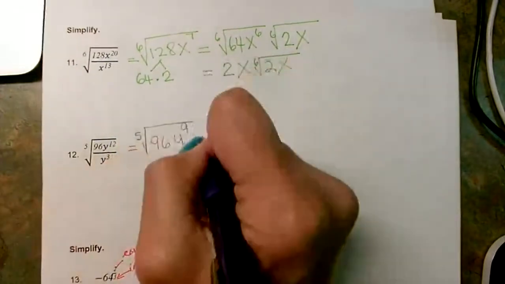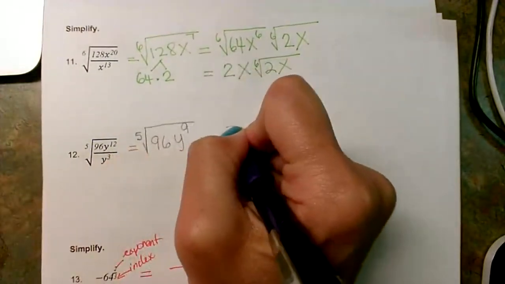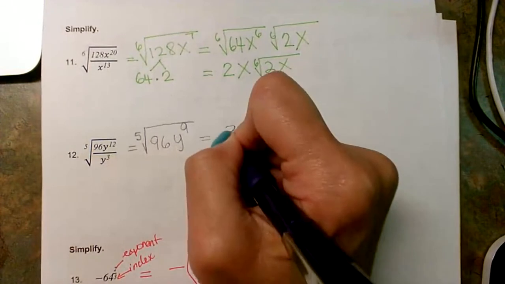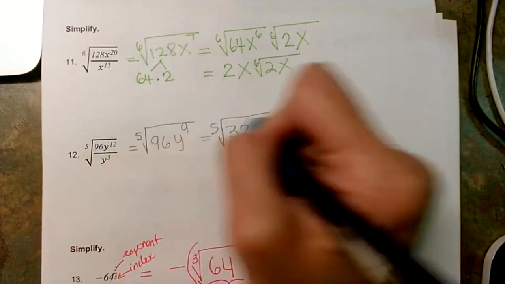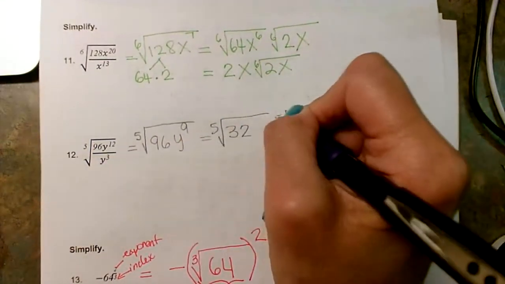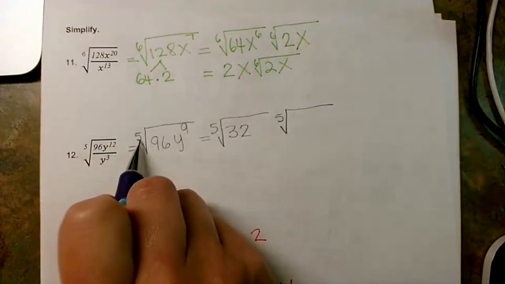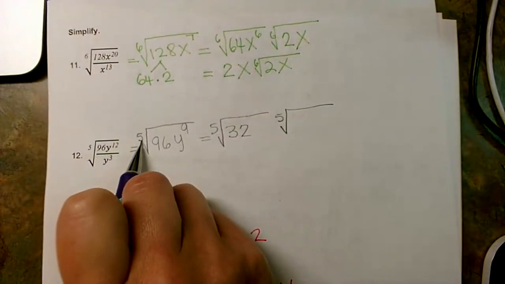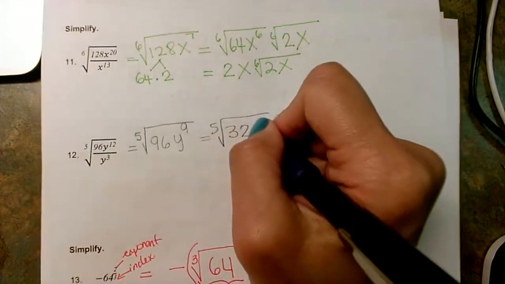So let's do it here. 9 divided by 5 is not going to give me an even number, right?